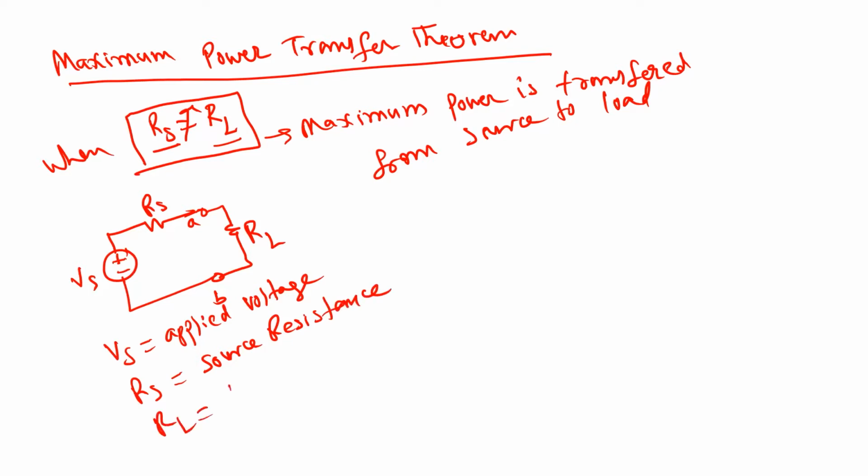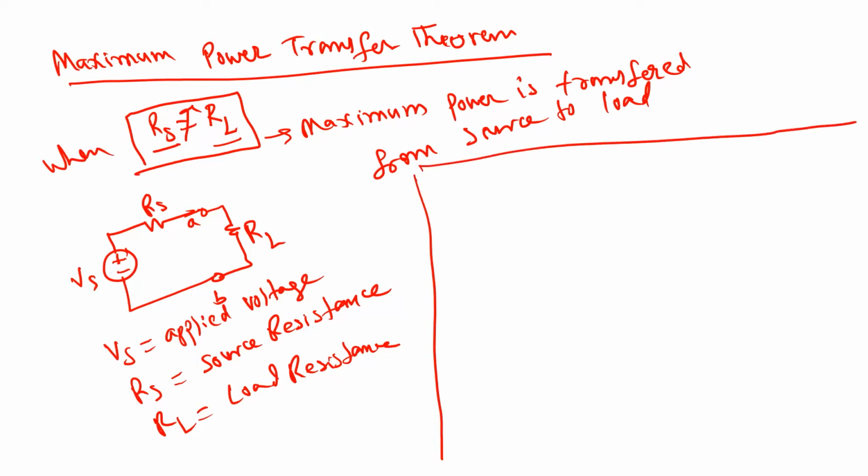RL is the load resistance. So remember the statement: maximum power is transferred from source to load when Rs is equal to RL. This is the condition to transfer maximum power from source to load.